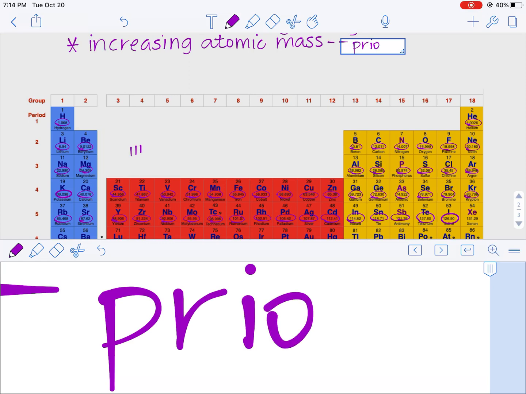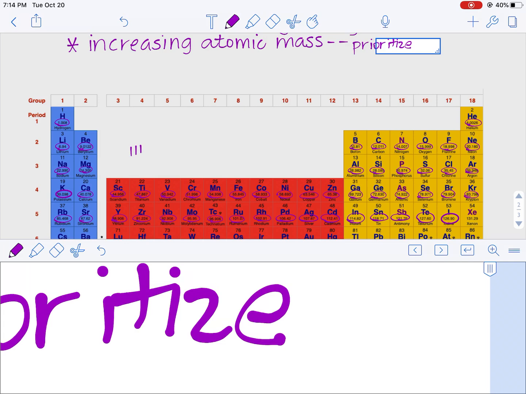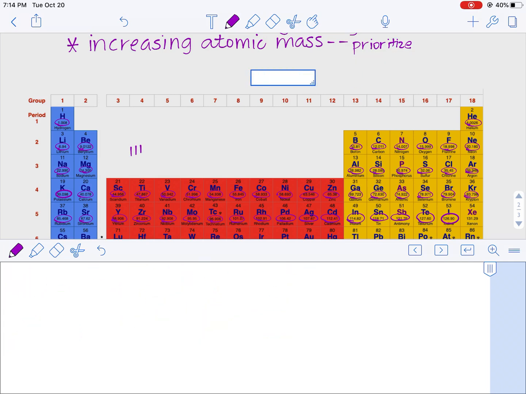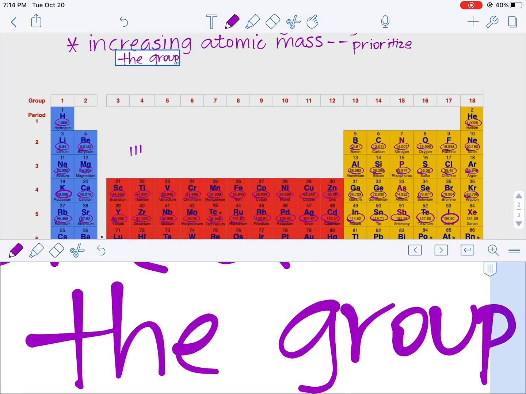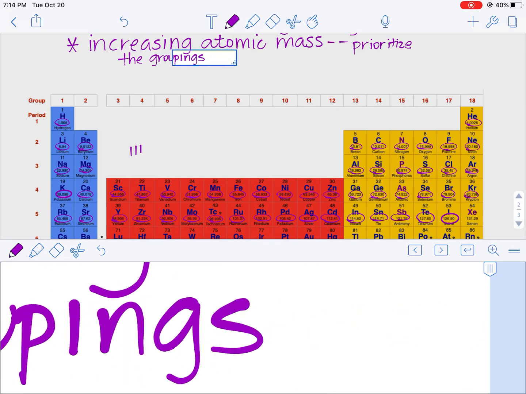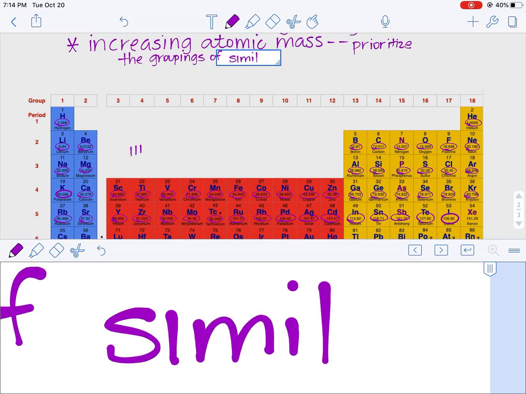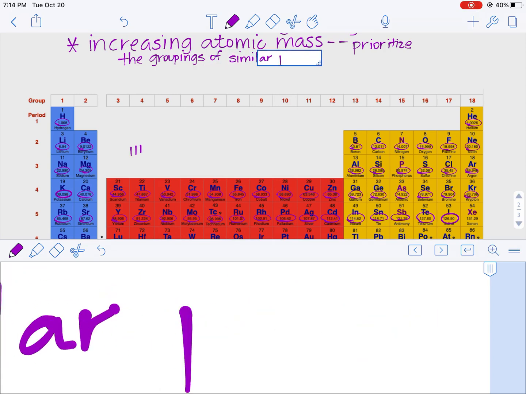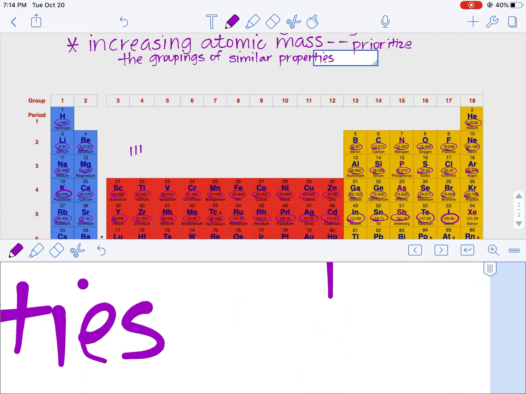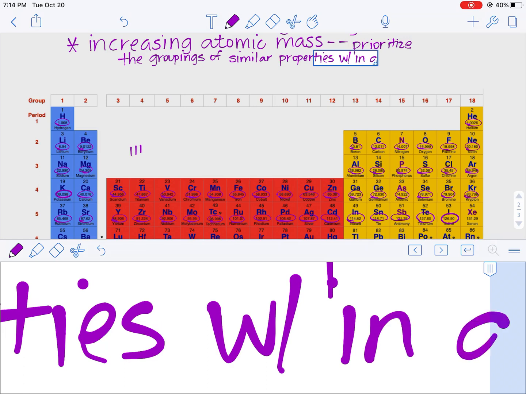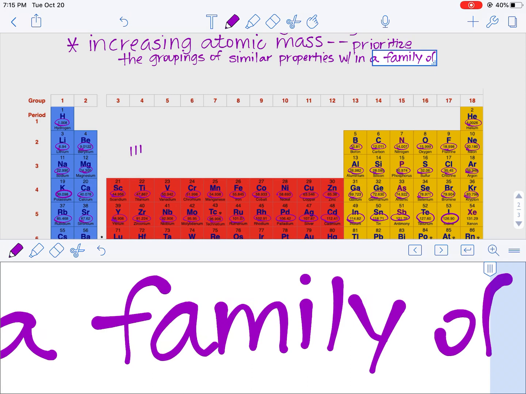That's because Mendeleev said, I need to prioritize the groupings of similar properties within a family of elements.